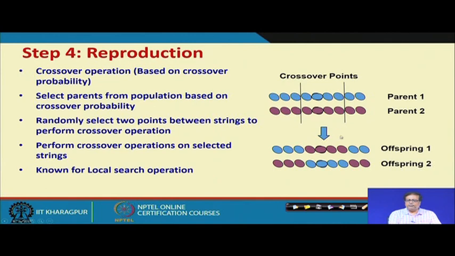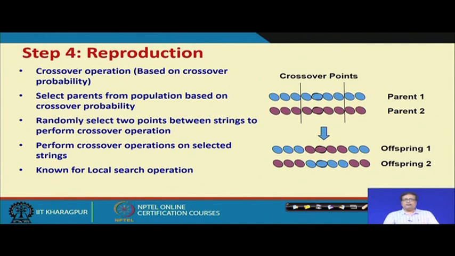So, just look at what is happening. There is a parent 1, there is a parent 2. First of all, I have to have a crossover probability. Based on the crossover probability, there could be a crossover or there could be no crossover.